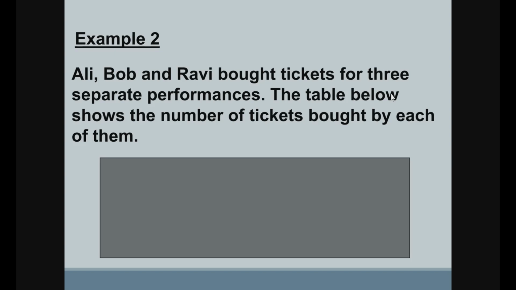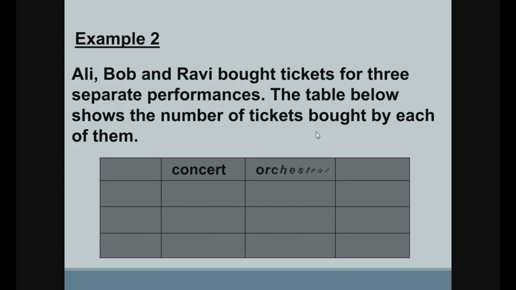Example 2, Ali, Bob and Ravi bought tickets for the 3 separate performances. The table below shows the number of tickets bought by each of them. We have Ali, Bob and Ravi, concert, orchestra and opera. Ali bought 2 concert, 1 orchestra and 1 opera. Bob bought the tickets for the 1 concert, 1 orchestra and 1 opera. Ravi bought 2 concert, 2 orchestra and 1 opera tickets.